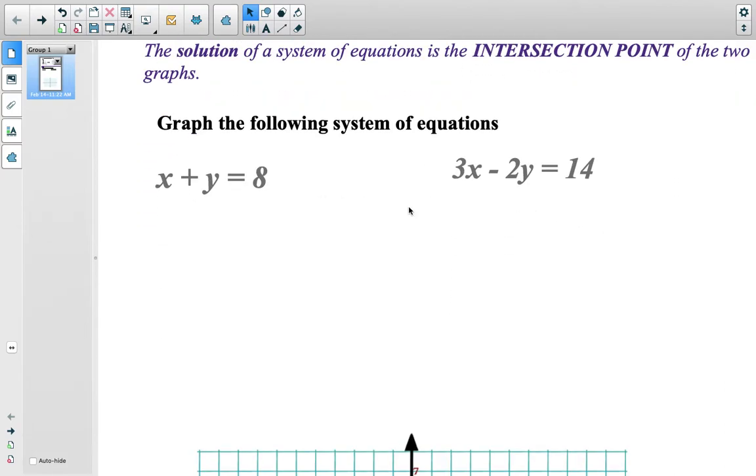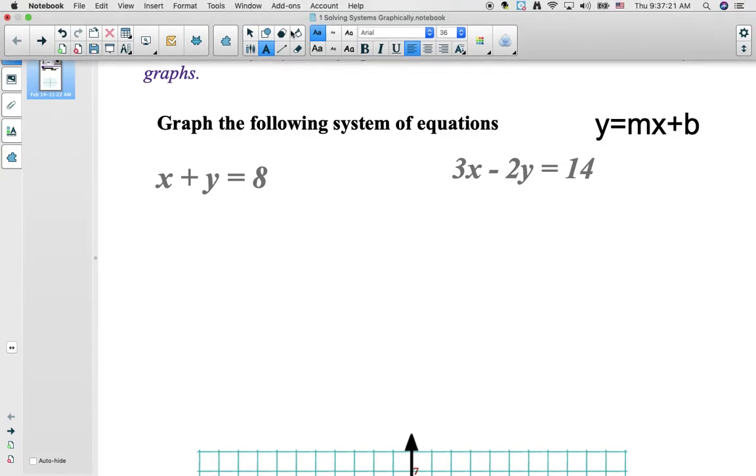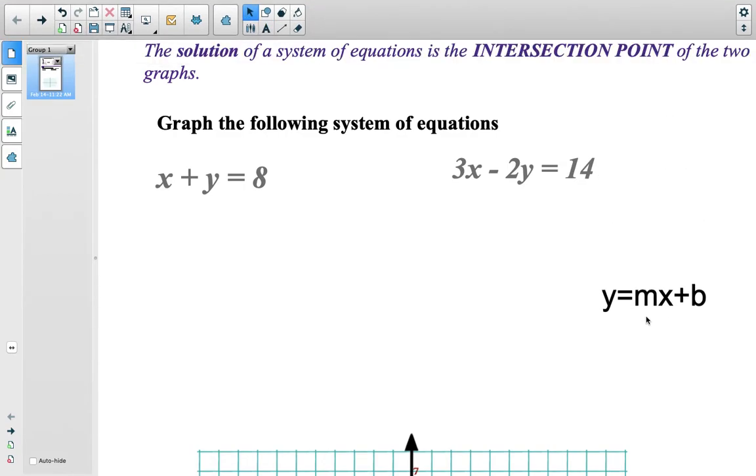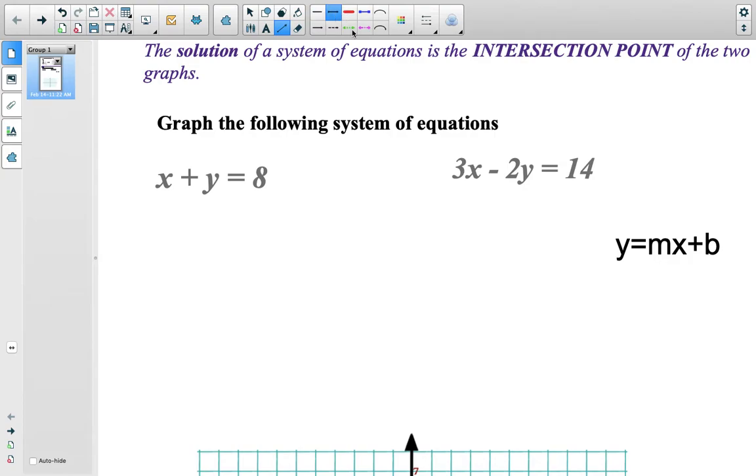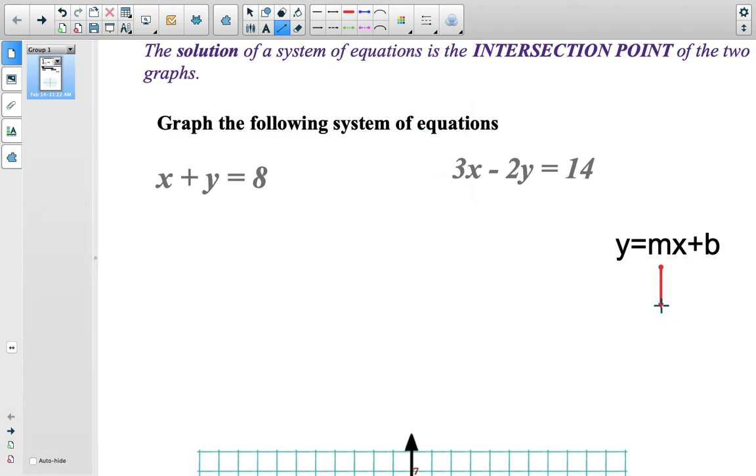Now, how do I do this graphically? Well, first things first, I need to make sure that each of these equations is in the form y equals mx plus b. If you remember from what I taught you this year, and you're going to talk about it again next year, so don't worry if it's still something you don't understand, y equals mx plus b is where we discussed how m is my slope and b is your y-intercept.